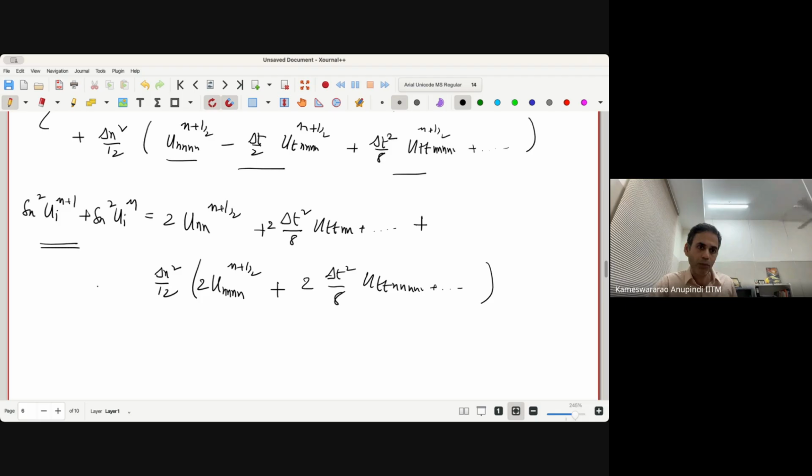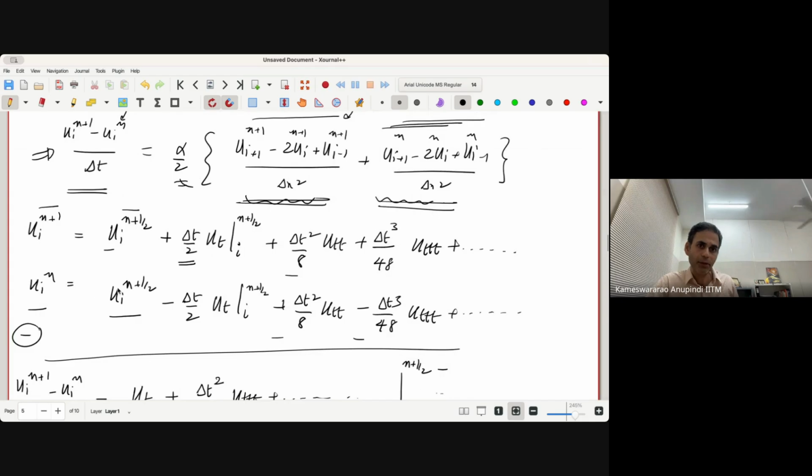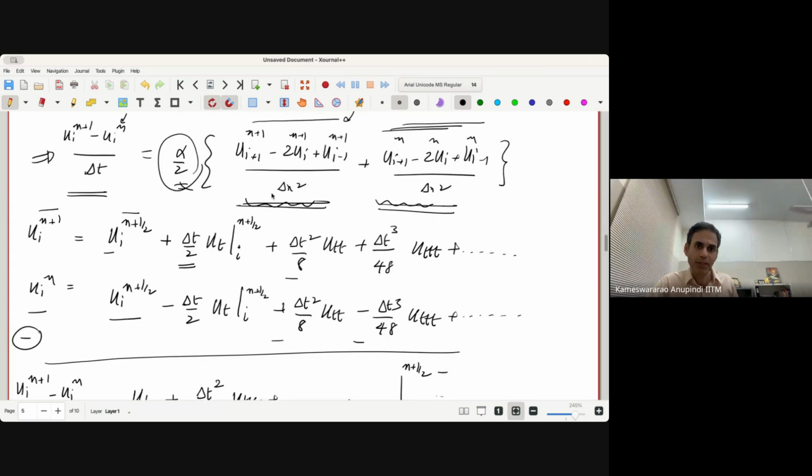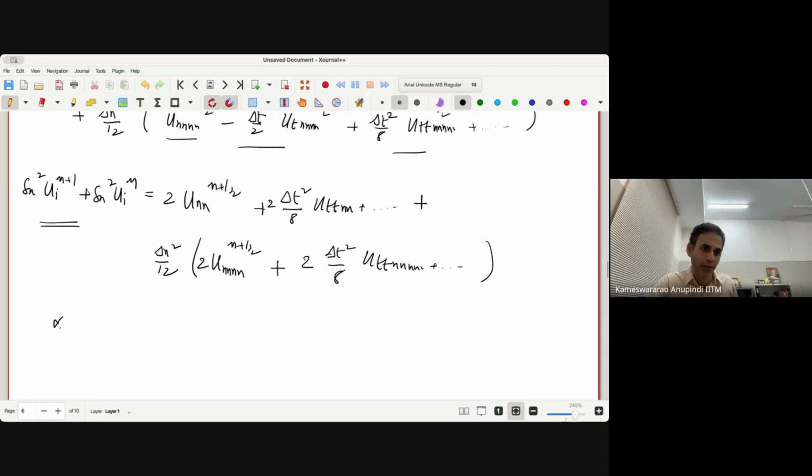Then if you go back, you have the multiplication with alpha by 2. I have just summed these two, which means I also have to multiply with alpha by 2. So alpha by 2 times delta x squared u_i n plus 1 plus delta x squared u_i n is going to be alpha times, and this 2 will get cancelled with this 2. That's going to give you simply u_xx at n plus half.